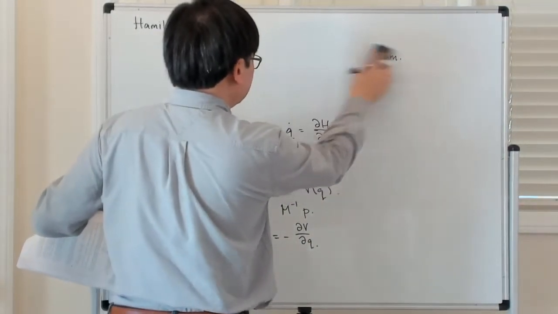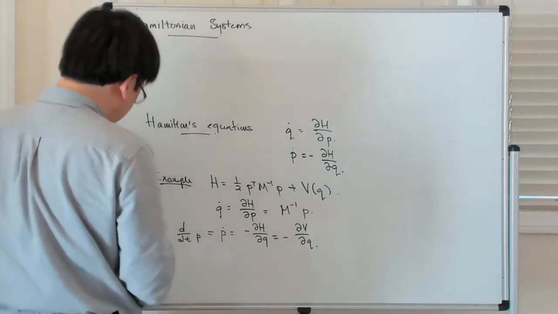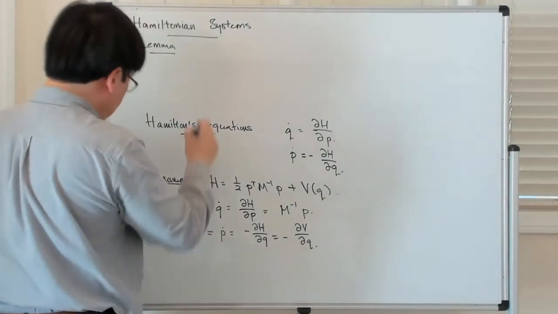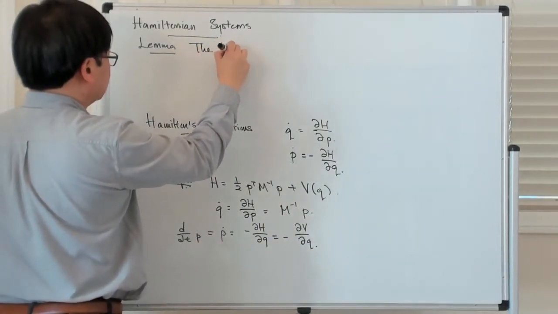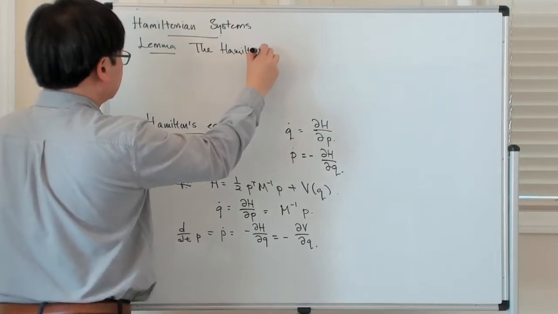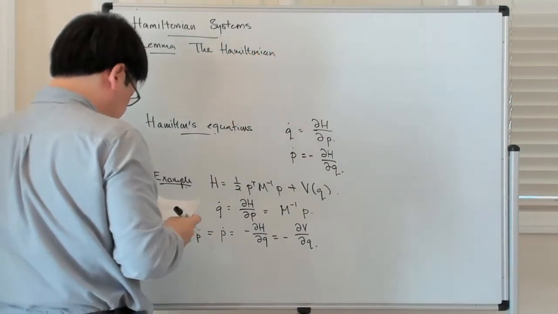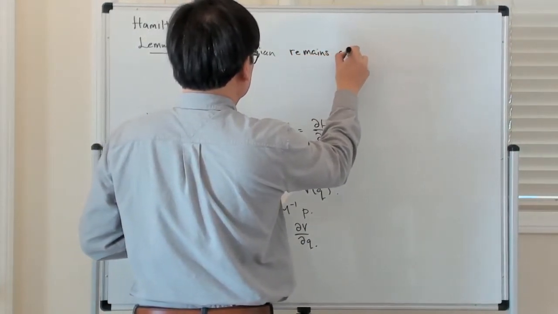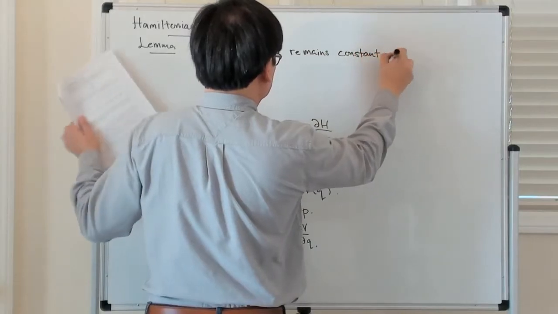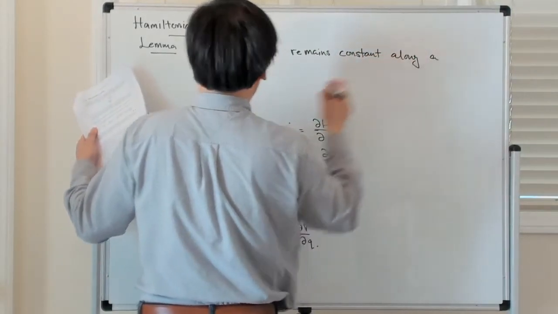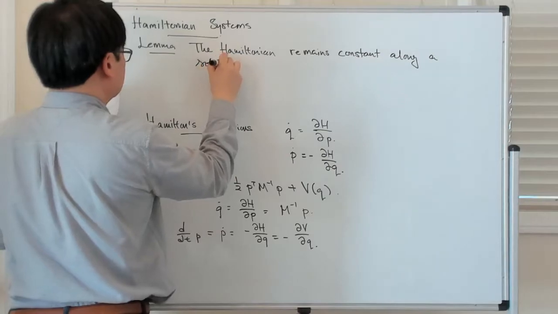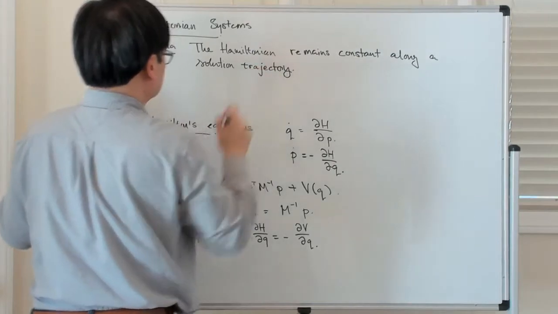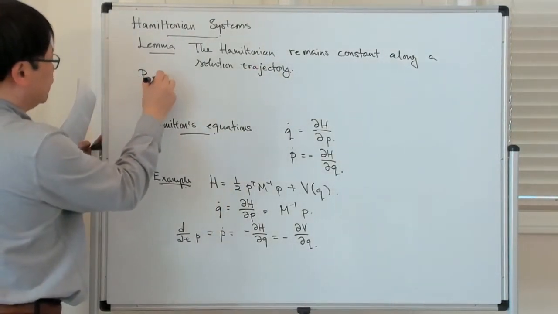The first thing is that the Hamiltonian is a constant of motion: it remains constant along the solution trajectory. Let's prove that.